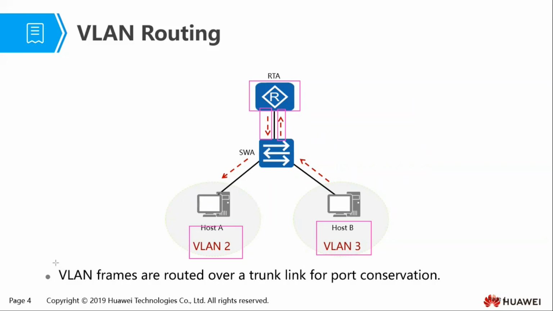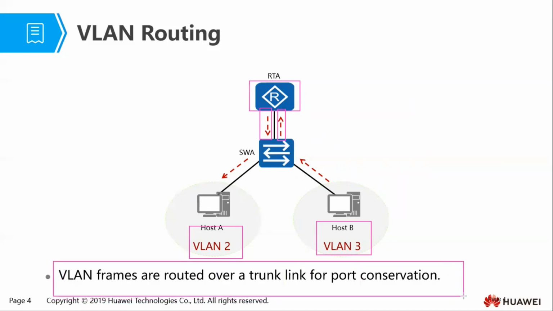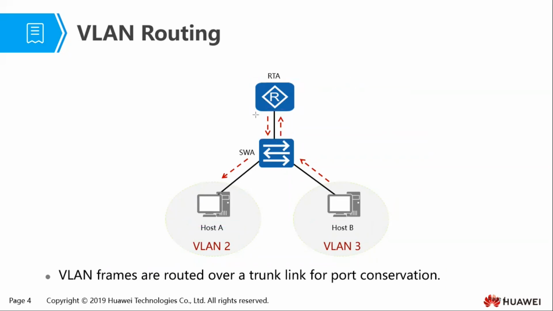So VLAN frames are routed over a trunk link, for port conservation. So what does this mean? In particular, we have several options. The first option is we can use one interface for one VLAN and another one for the other VLAN, like that.